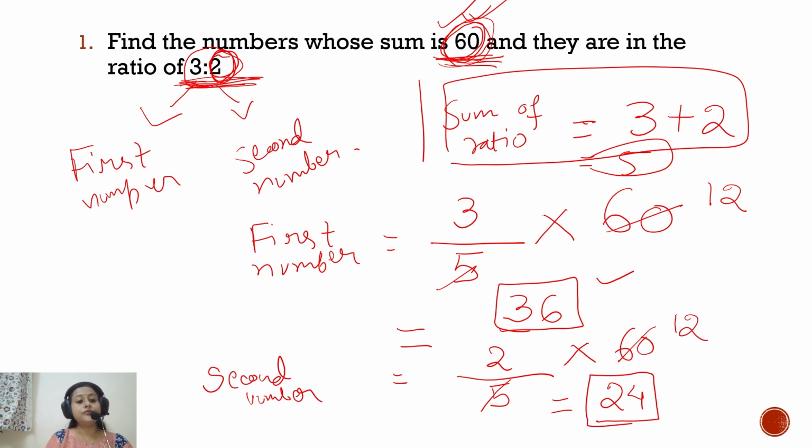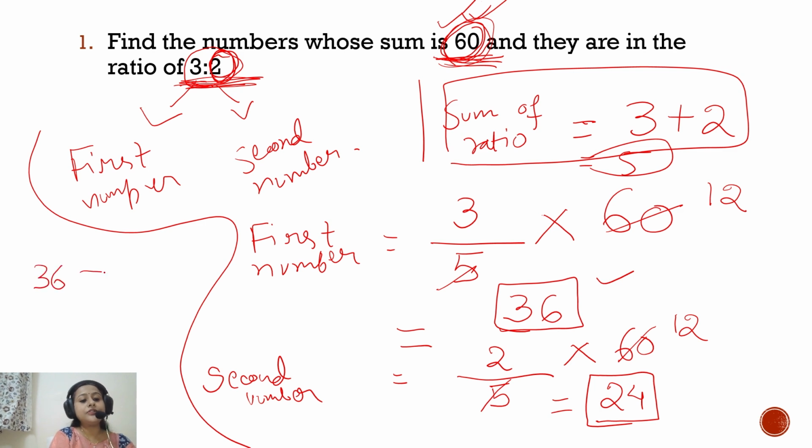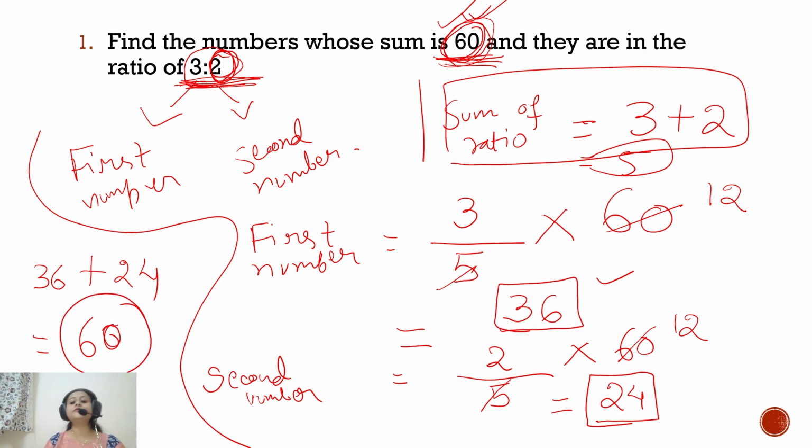And for cross checking, if you take the sum of these two numbers, 36 plus 24, it will give you 60. So in this way, using these formulas, you can find out two numbers or quantities of two parts.